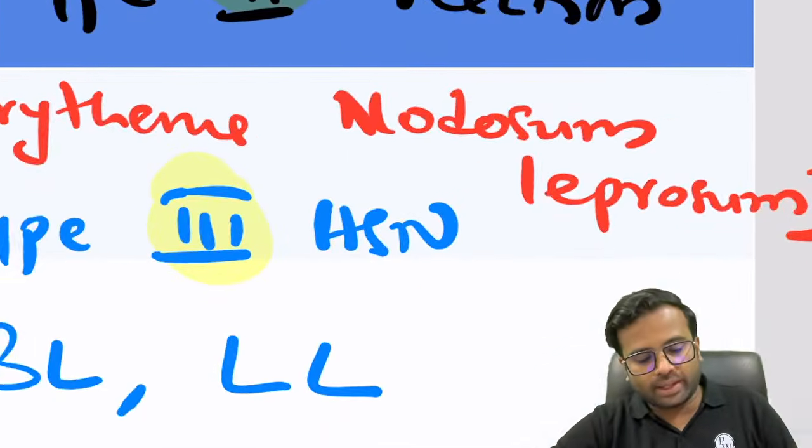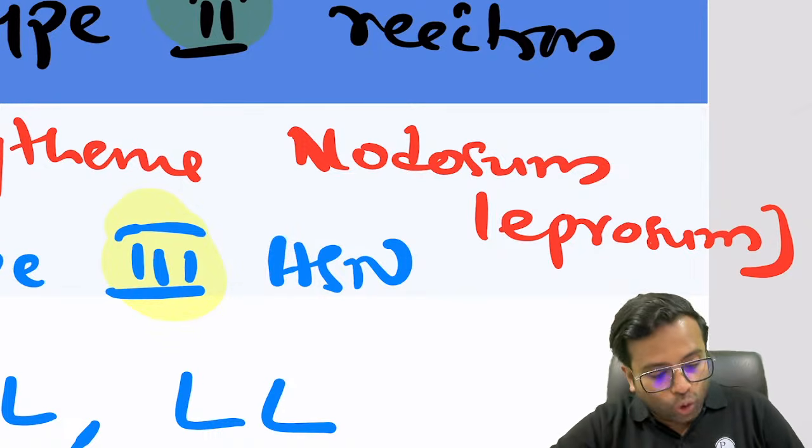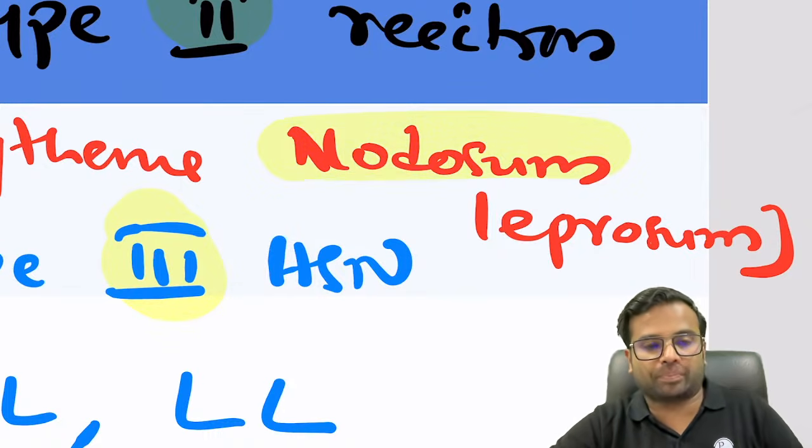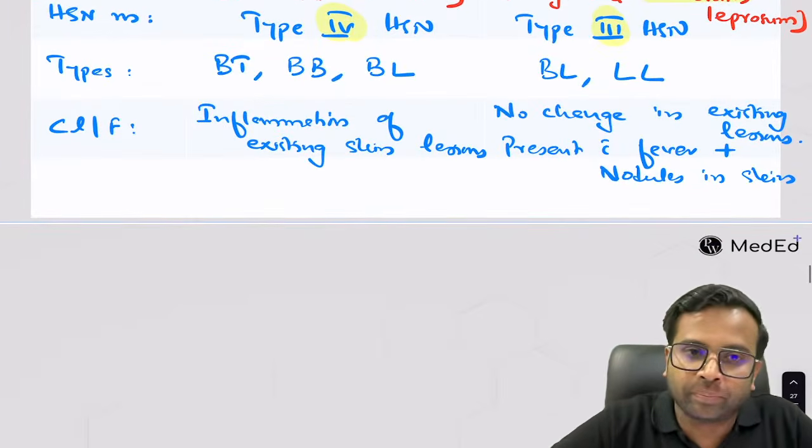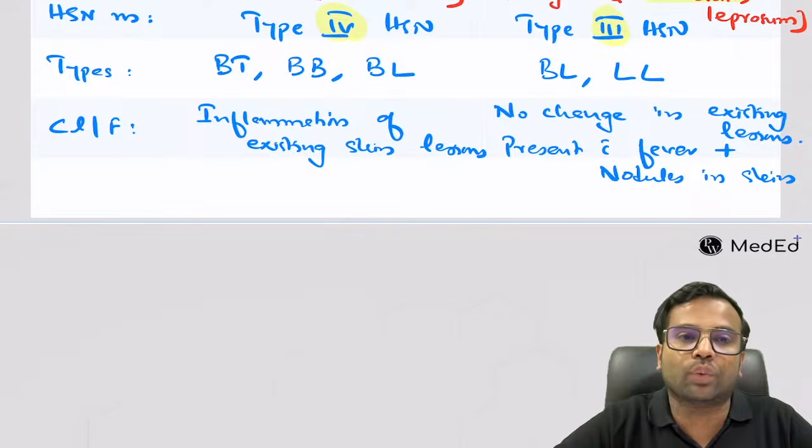That is why we call it erythema nodosum leprosum, because it presents with nodules in the skin. Okay, that is how a patient will present to you with a type 2 lepra reaction.